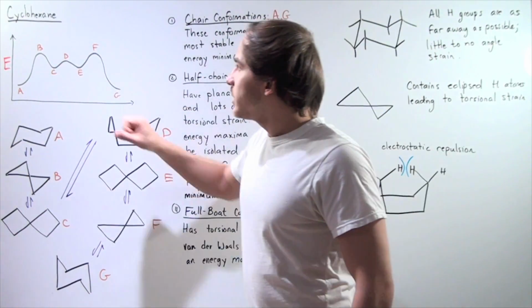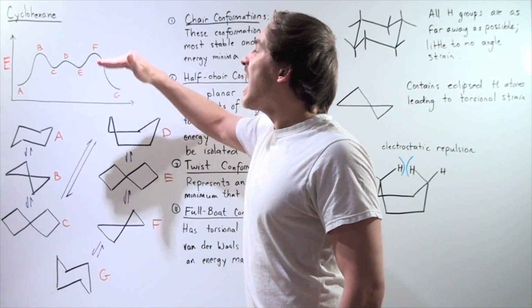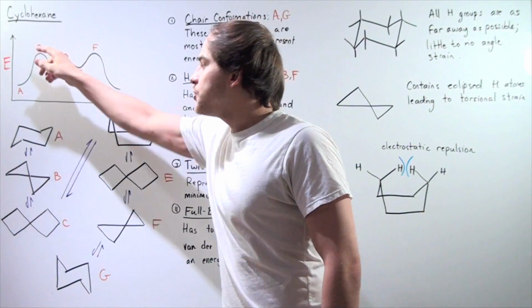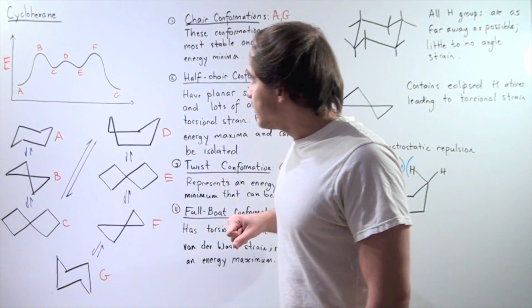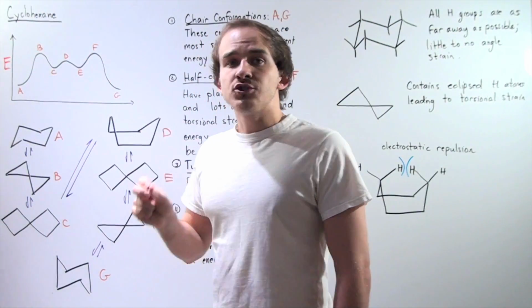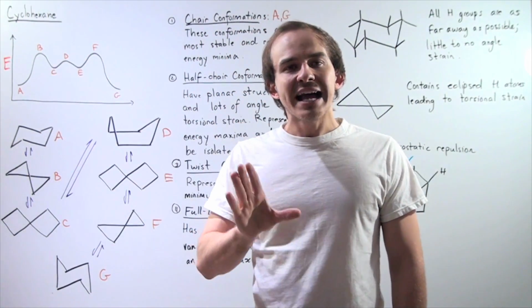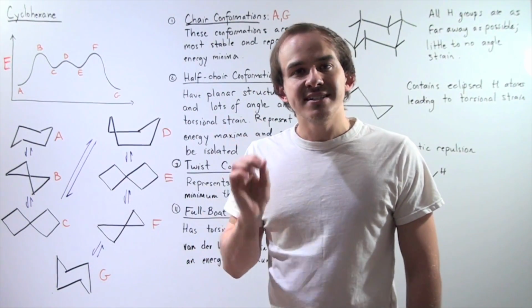Now, let's look at B and F. B and F, unlike A and G, are the highest possible energy conformations, and they're given by structure B and structure F. B and F represent transition states. What that means is they're energy maxima. They cannot be isolated.